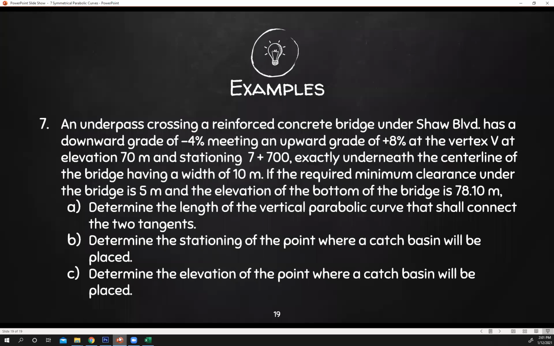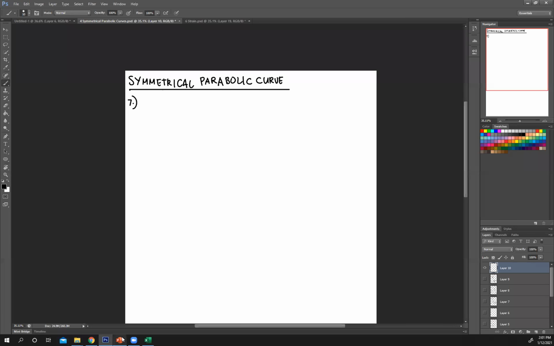So negative 4% meeting an upward grade of positive 8. So negative 4, positive 8. So PC, this is your vertex, or V or PI, same thing.